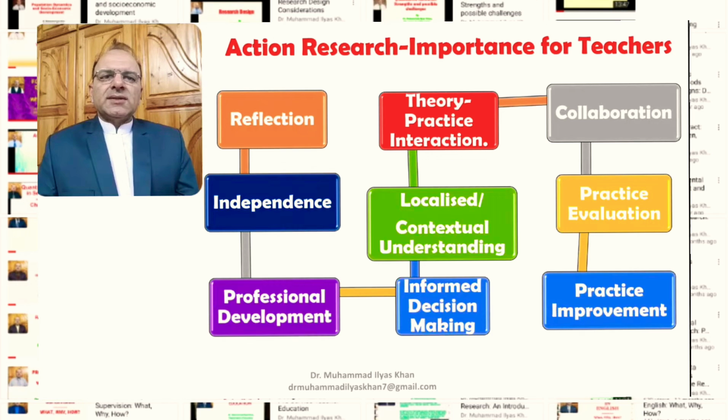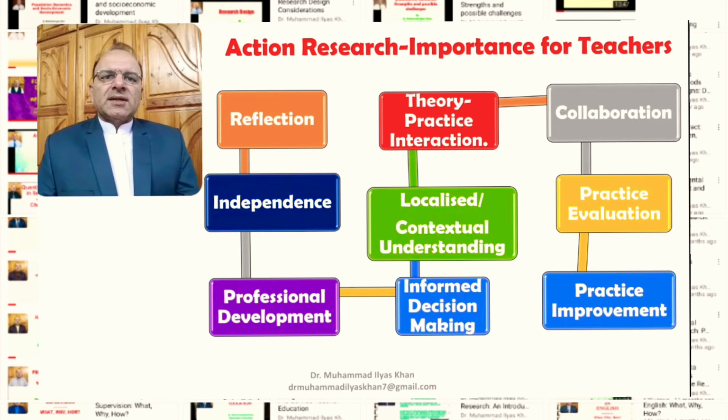And so there is a better theory-practice interaction when teachers have insights into the process and into the aims of action research.